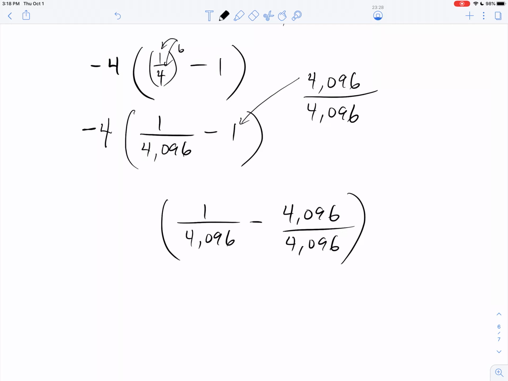What do I get? Well, 1 minus 4,096 is negative 4,095 over 4,096. I'm going to take that times negative 4.